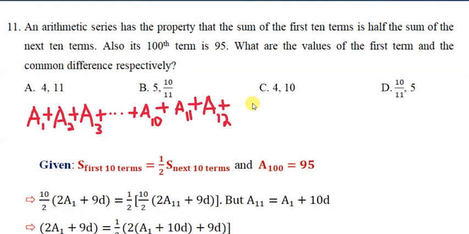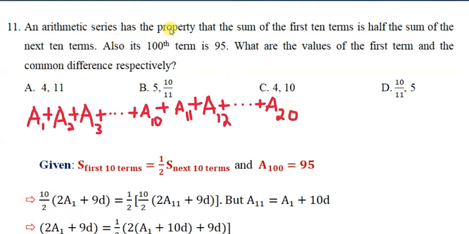Now we have 10 terms here, plus the last term, which is going to be a20. These are the sum of all the terms, all 20 terms.